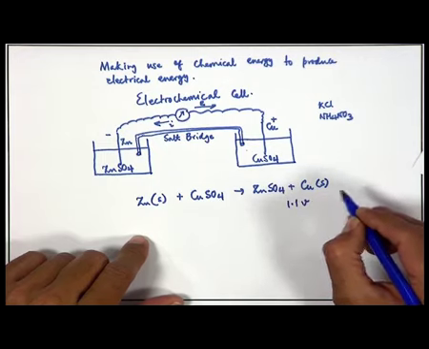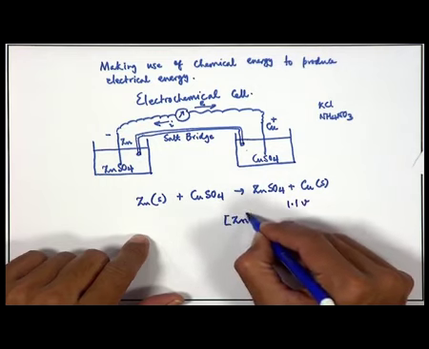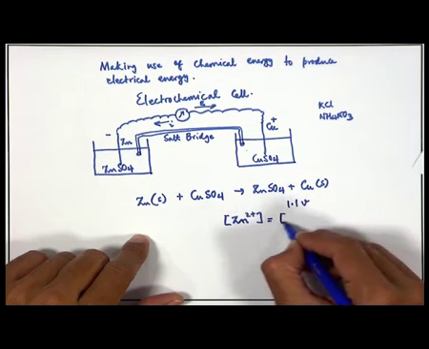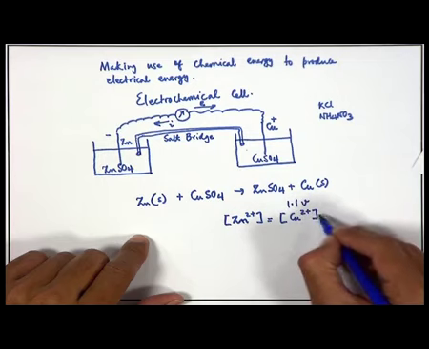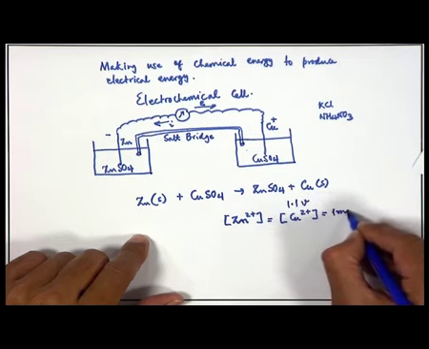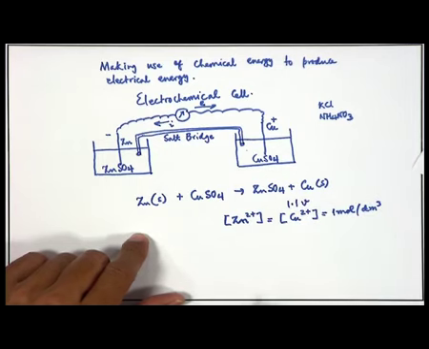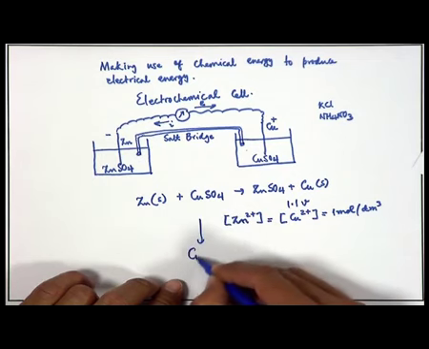Okay. For concentration of zinc, because it is very important that this number will depend on the concentration of these ions, 1 mole per dm cube. So, it is called a galvanic or voltaic cell.